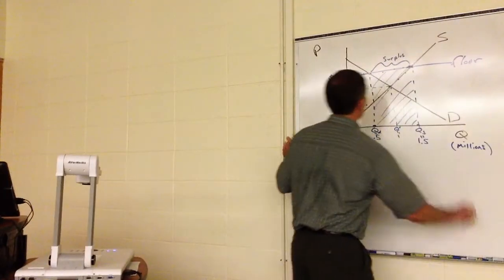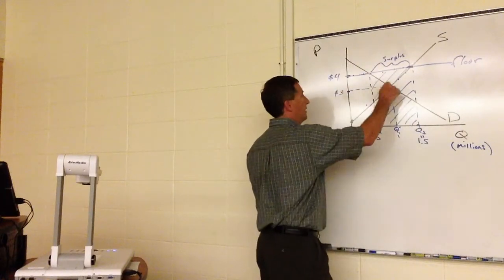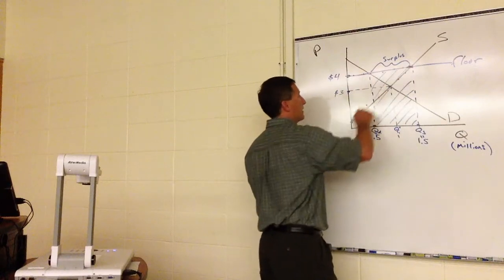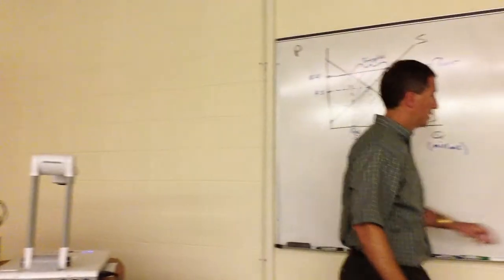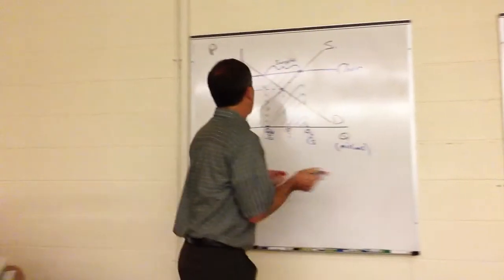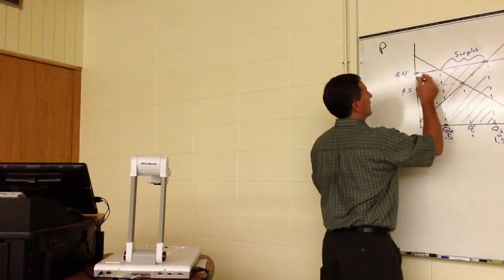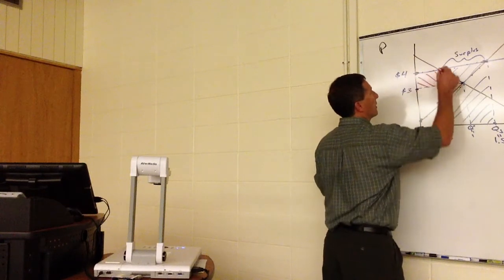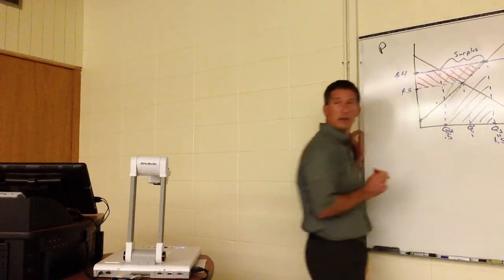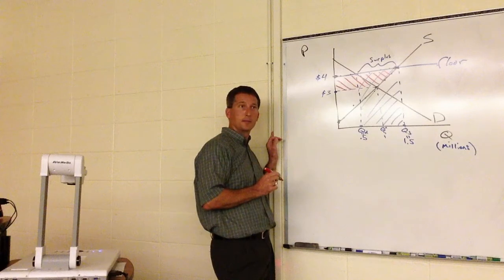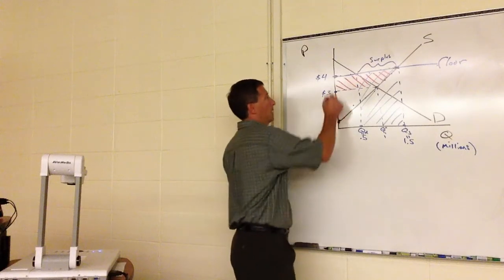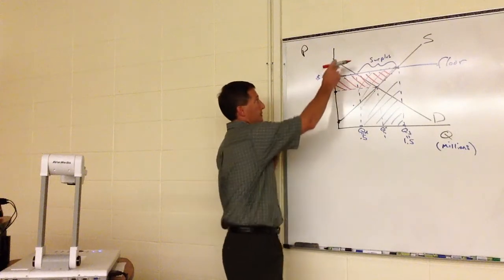And so the difference, we started here, we ended here, and so the change in producer surplus is this area. Where's consumer surplus? Is it above the price floor?